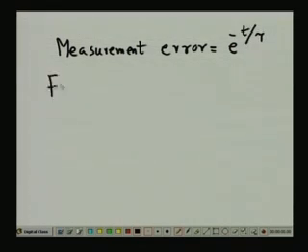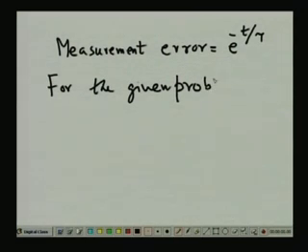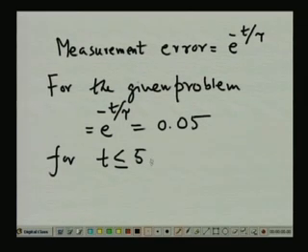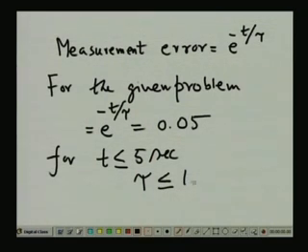Now, for the given problem, e to the power minus t by tau equal to 0.05 for t less than or equal to 5 seconds, tau will become less than or equal to 1.66 seconds.